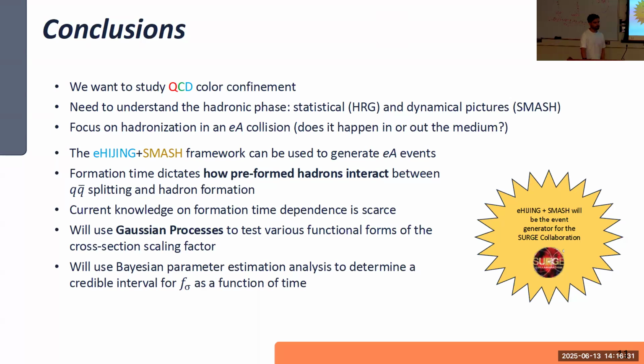Are there other questions? Yeah. In PP and AA, how is the hadronization model modified? There's a different thing that you're trying to do here, but I was just curious. Yeah, it's very different.